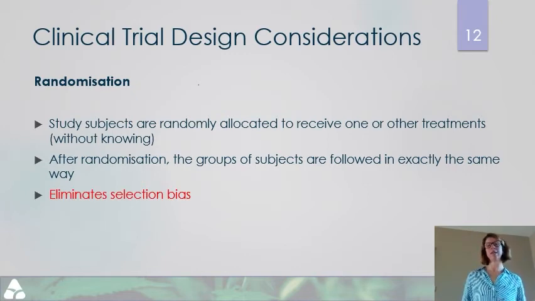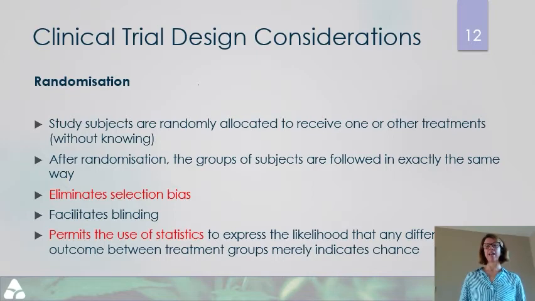And this really means that you can eliminate any kind of selection bias in choosing which participants went into which group. It also facilitates something which is called blinding, which I'm going to come to. And eventually what this means is that you can use statistics to determine the likelihood that any difference between those groups is not just because of chance. So that's why randomization is so important.